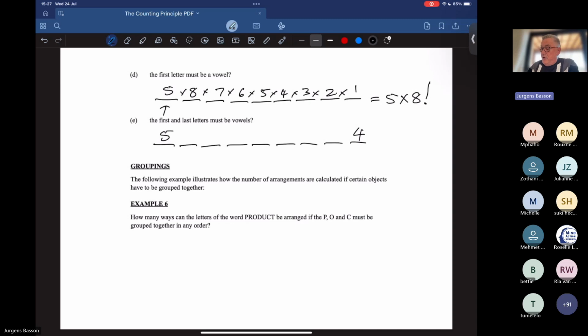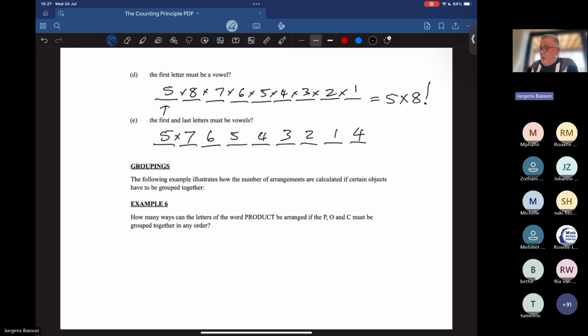So we go from position 2, 7, 6, 5, 4, 3, 2, and 1. And as you now can see, that gives me 7 factorial. The 5 and the 4 are just positions. They're just numbers.